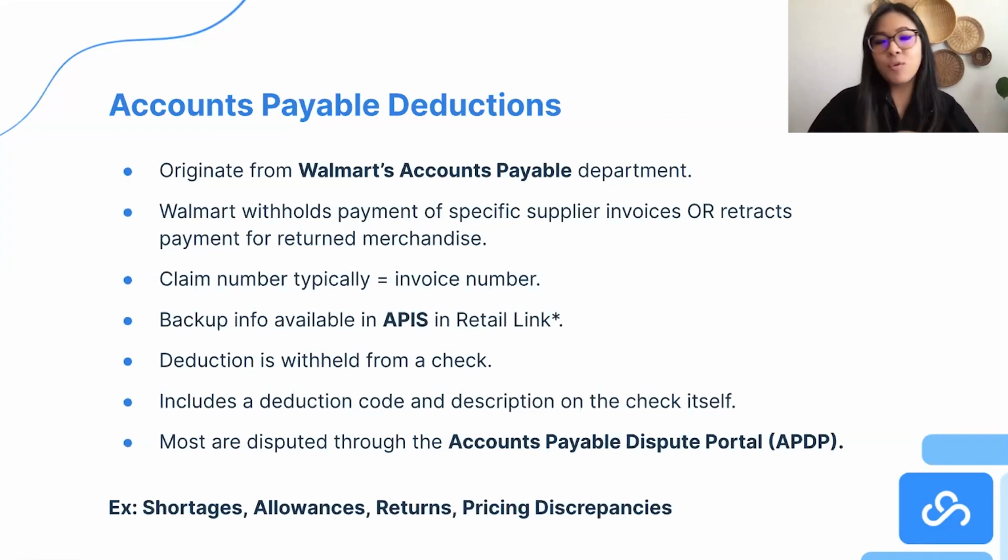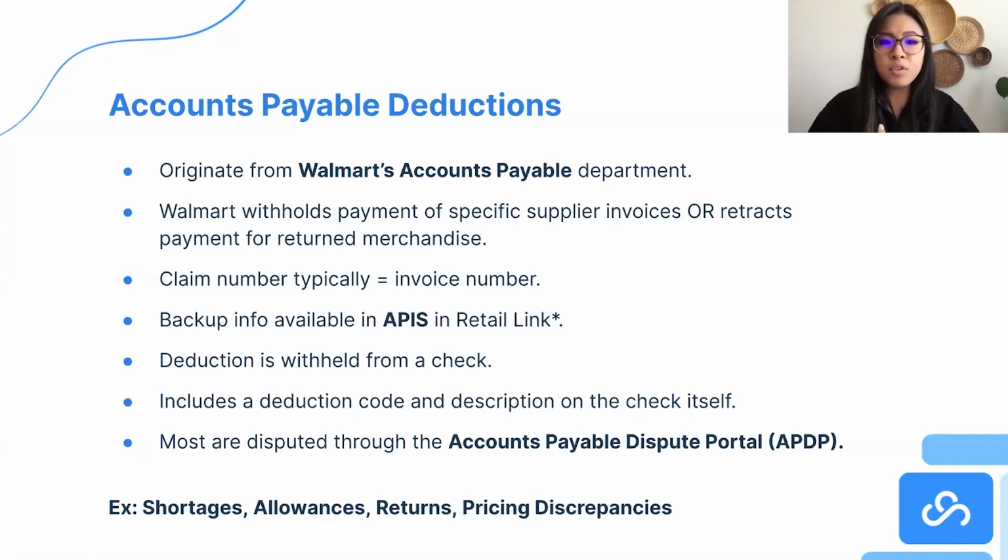Walmart determines, for one of over 100 different reasons, because there are over 100 different deduction codes, that they do not want to pay you in full, whether valid or invalid, and they will just short pay you. So you invoice them for $100, they decide they only want to pay you $80. That $20 represents an AP deduction.